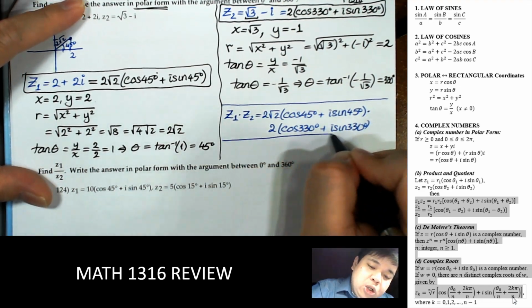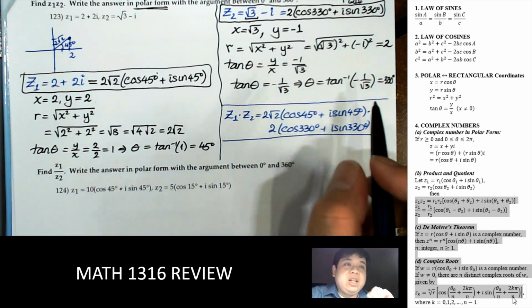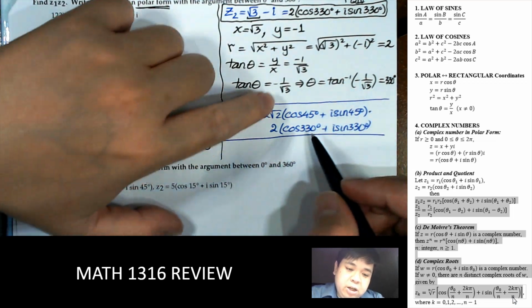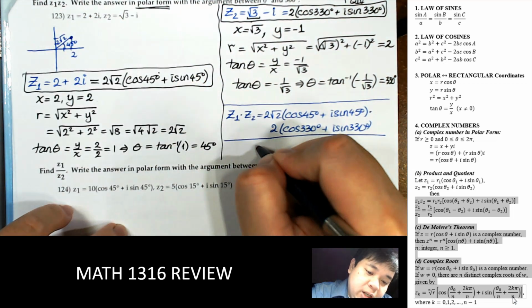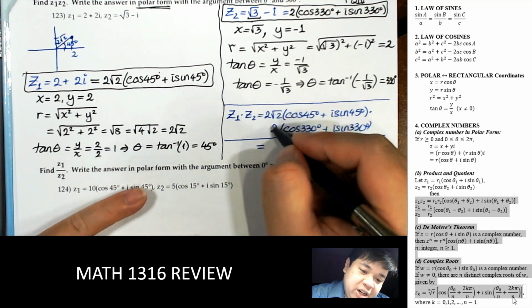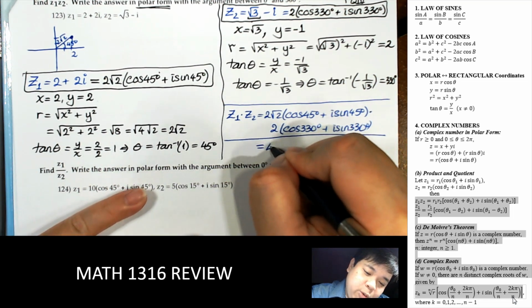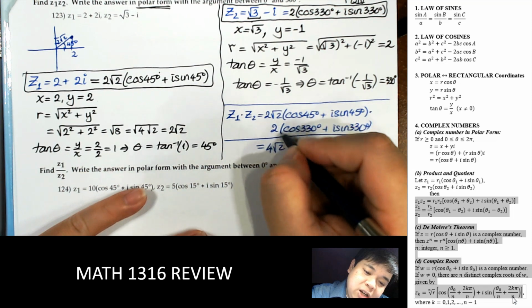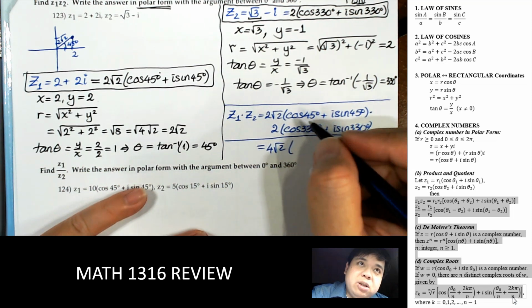When we multiply two complex numbers in polar form, we just multiply the absolute values, or the radius, or the modulus. There's a bunch of different names for it. That's 4 square root of 2. So multiply this, and then we add the angles.